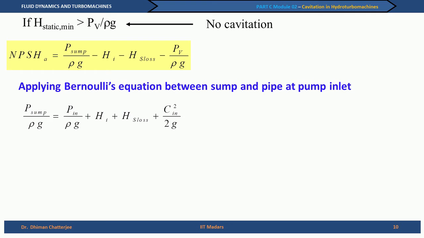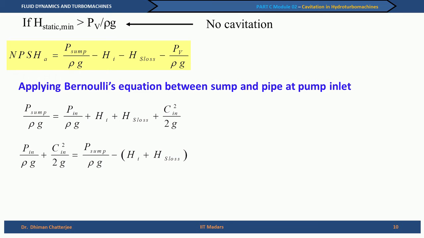So, assuming the velocity is negligible, P sump by rho g is P in by rho g, where P in is the pressure at the pipe in the pump inlet, plus H i plus H s loss plus C in square by 2g. This gives me that P in by rho g plus C in square by 2g is P sump by rho g minus H i plus H s loss, whole within the bracket.